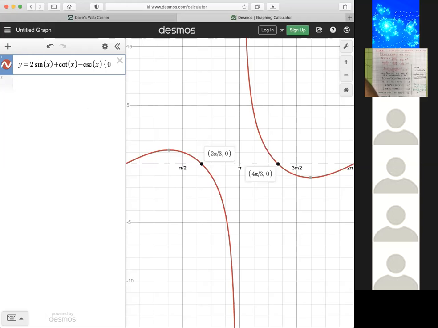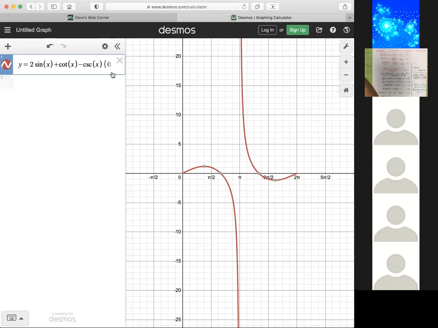Now, you get this feeling from the graph that you could use x equals 0 or x equals 2 pi. But I know that the sine is forbidden at those values because the sine would be 0. Let's expand this a little bit and see. So far, Desmos has always told me the truth in the graph. Let's take off this restriction.